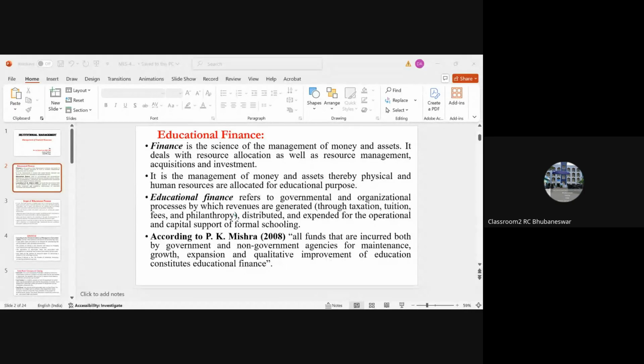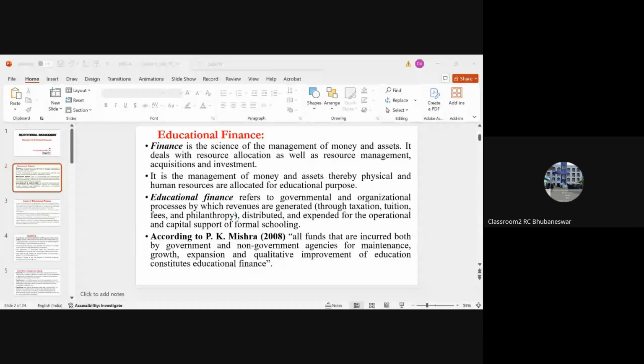According to PK Mishra, all funds that are incurred both by government and non-government agencies for maintenance, growth, expansion, and qualitative improvement of education is known as educational finance. It is a very good definition. According to PK Mishra, all funds we are receiving both from government as well as non-government sources. Why are we receiving them?